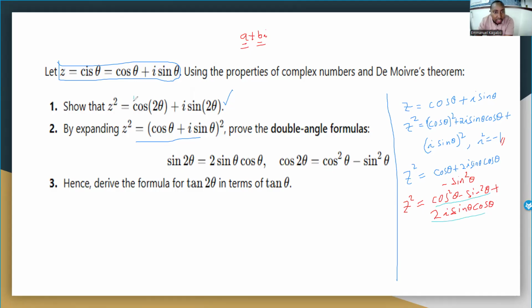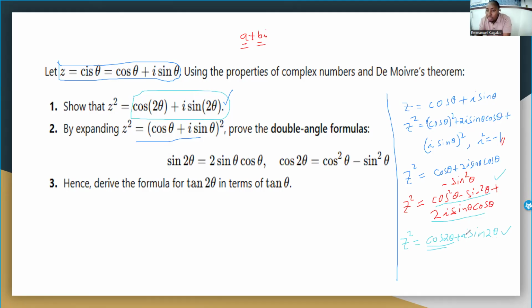Now back to what we did here. This one we got using the Moivre theorem. So we know that using the Moivre theorem, z squared equals cos 2 theta plus i sin 2 theta, right? Is that okay for everyone? Here I expanded using the normal binomial expansion, and I have expanded this using the Moivre theorem.